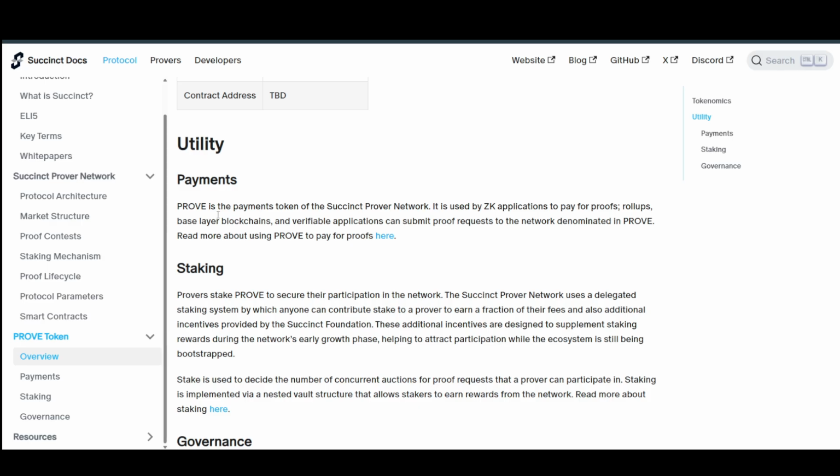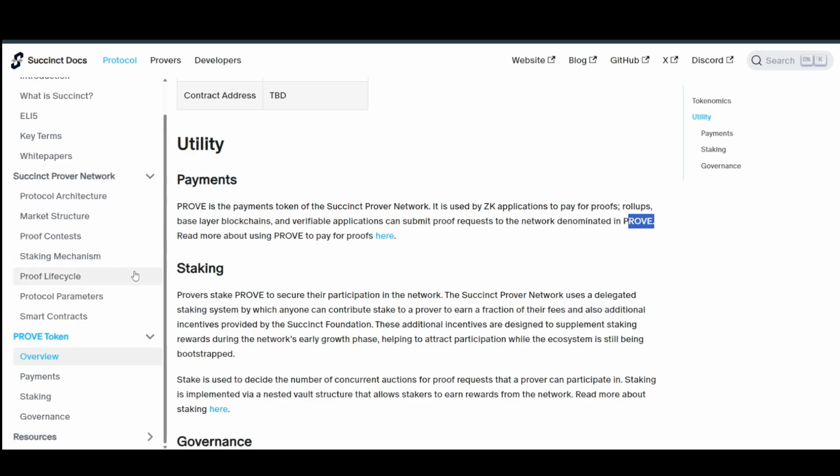So basically Proof is for payments. If you look at the utility of this token, it is used for the payments. Proof is the payments token of the network. It is used by the zero knowledge applications to pay for the proofs. Rollups, base layer blockchains, and verifiable applications can submit proof requests to the network. All of that is in the Proof.